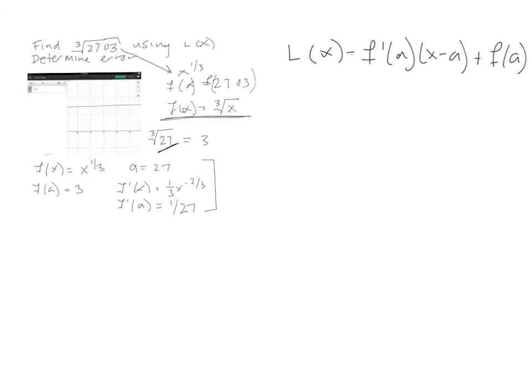Okay, so then L of x, we have f prime of a. F prime of a is equal to 1/27. X, we said a, we're putting it around 27. And f of a is 3.